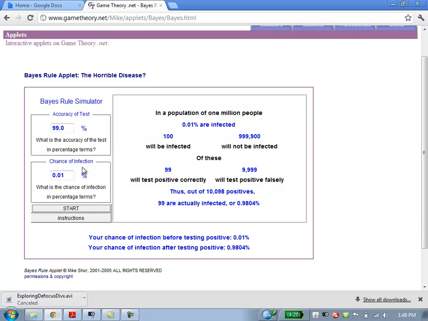And if the test is 99% accurate, 99 of these test positive accurately, and 9,999 of these test positive falsely. So out of all the positives, just 1% are actually infected. So it's the fact that this number is so big that is messing up all the statistics.